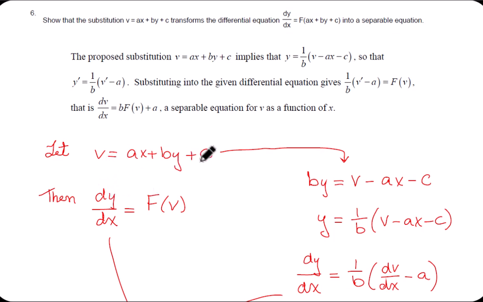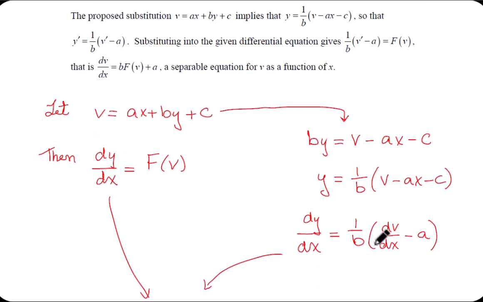If I isolate the y part, by is this stuff, divide through by b, so I get 1 over b times this stuff. And so if I differentiate this with respect to x, dy dx, 1 over b plays no role. This is dv dx.